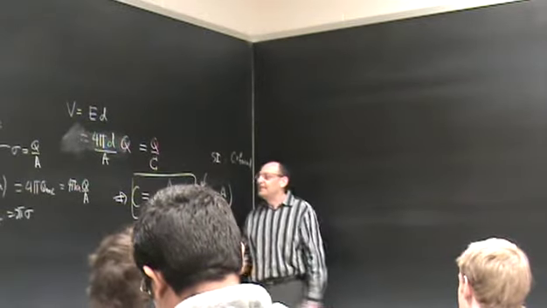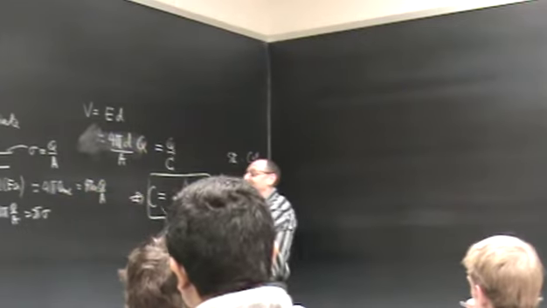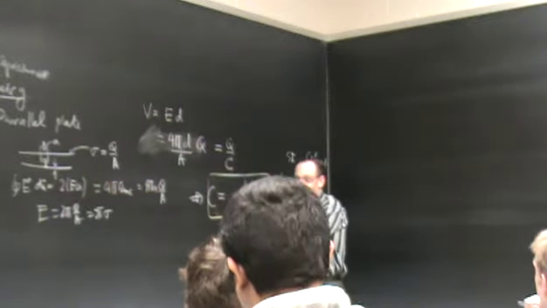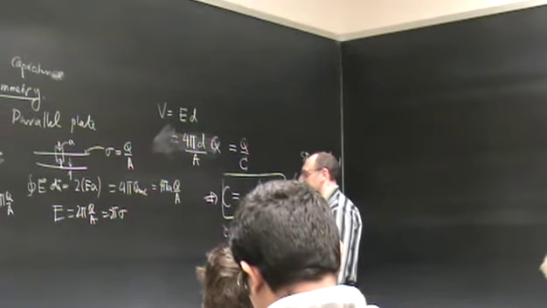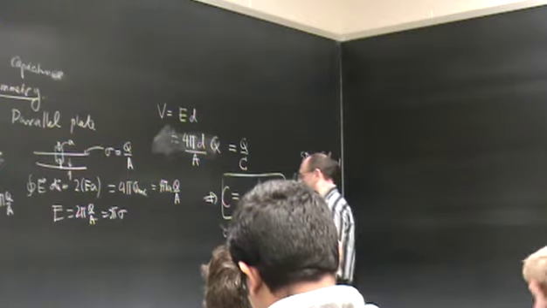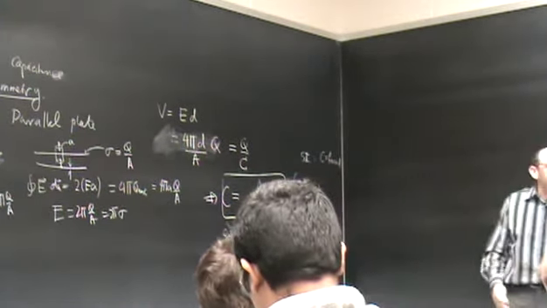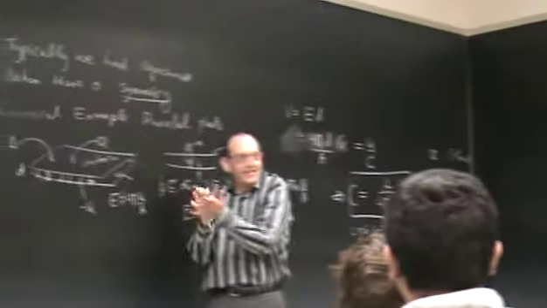But in these beautiful CGS units, capacitance has the units of geometry, because that's all it is. So capacitance in CGS units is in centimeters, saying something about the ratio between the area of a capacitor and the distance between the plates.